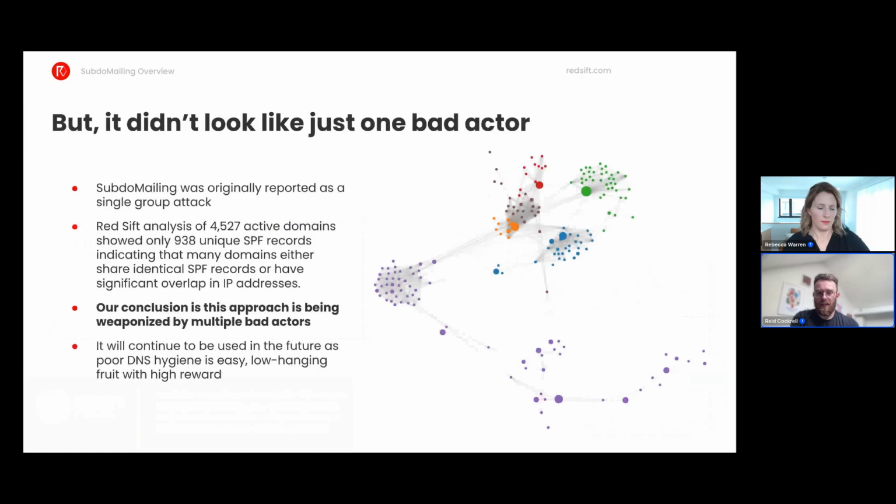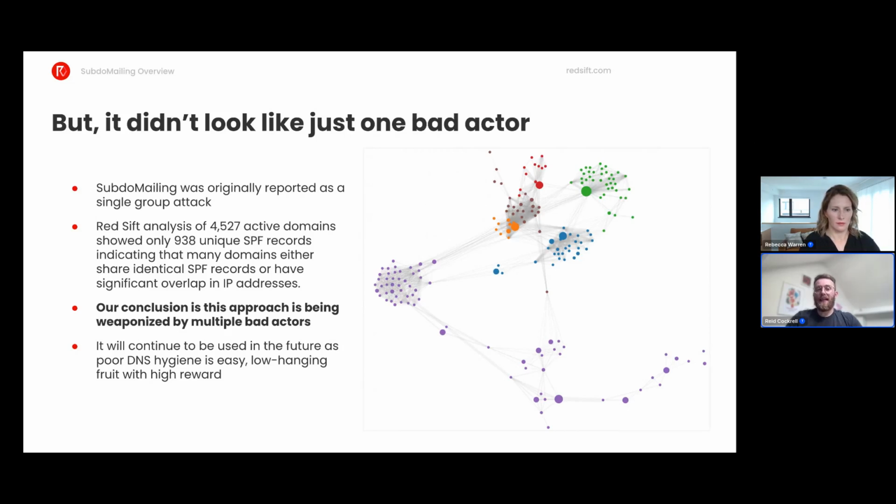We've done some research of this ourselves. We've done analysis of this on over 4,500 active domains. And the interesting thing here is that it showed only just under 1,000 unique SPF records.